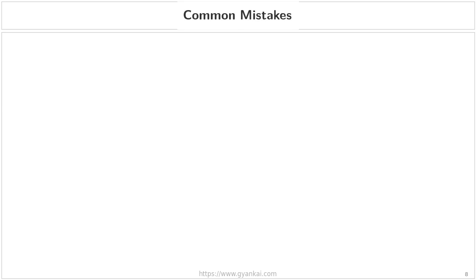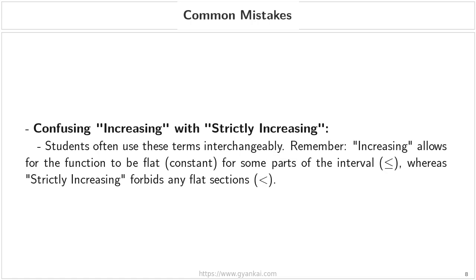Common mistakes. Now that we have covered the definitions and the summary table, let's discuss some common pitfalls to avoid when applying these concepts. First, be careful not to confuse increasing with strictly increasing. It is a very common mistake for students to use these two terms interchangeably, but in mathematics, there is a critical difference.